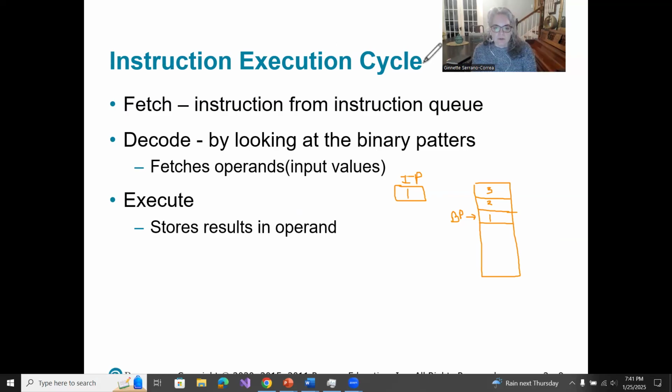So the instruction execution cycle, the first step is to fetch the instruction from the instruction queue. This is my instruction queue right here. Then we decode that instruction by looking at the binary patterns, and it fetches operands if it has any.